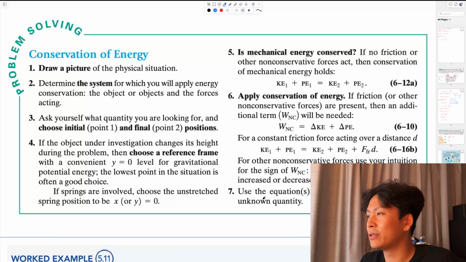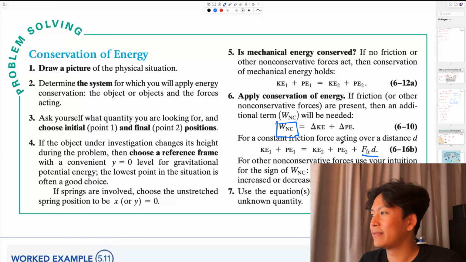If friction or other non-conservative forces are present, then you need to add the additional term, the work done by the non-conservative force. For a constant friction force over a distance, that's just equal to force times distance, because work is force times distance.